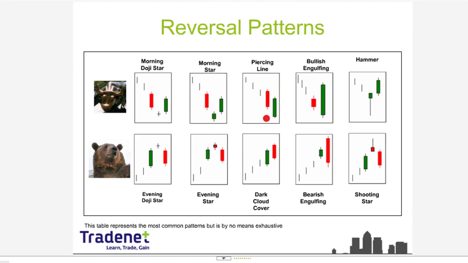A stock is going down, down, down, big red candle, then comes what we call a piercing line, meaning a green candle that moves in at least half of the previous red candle. That means probably a reversal.